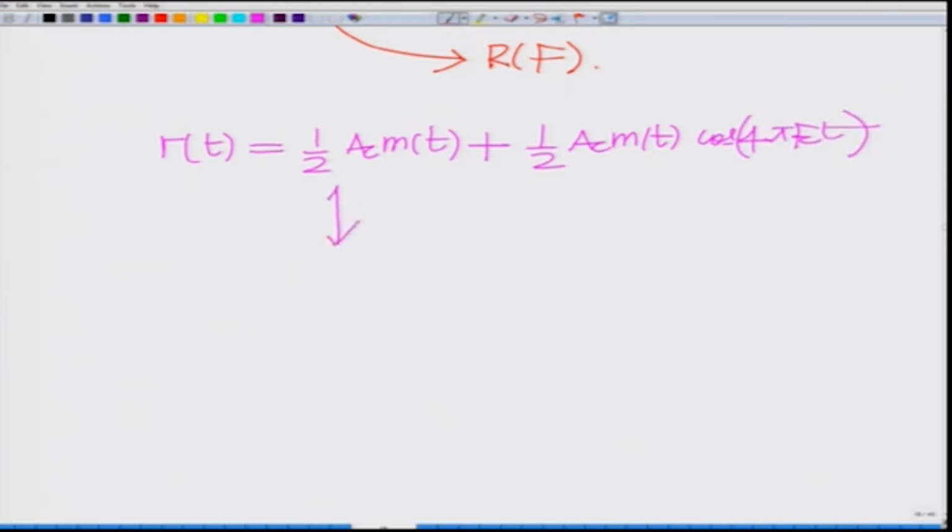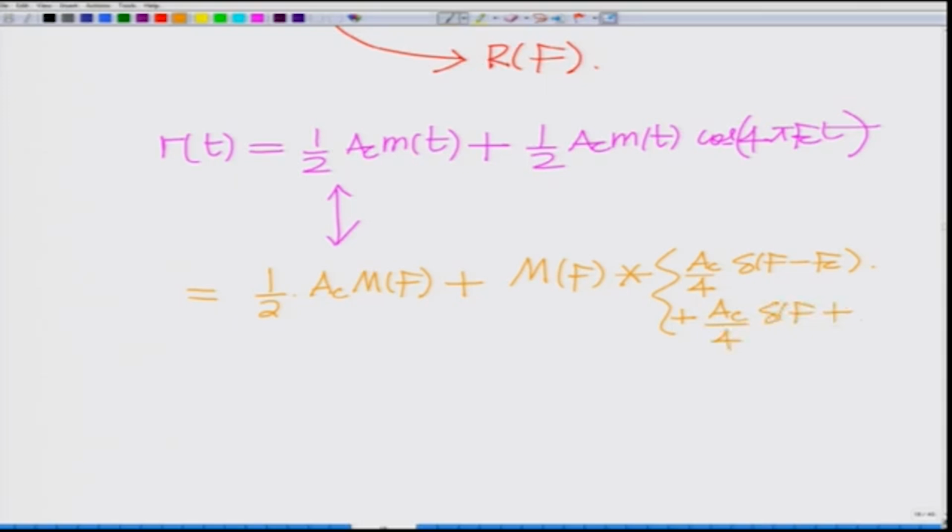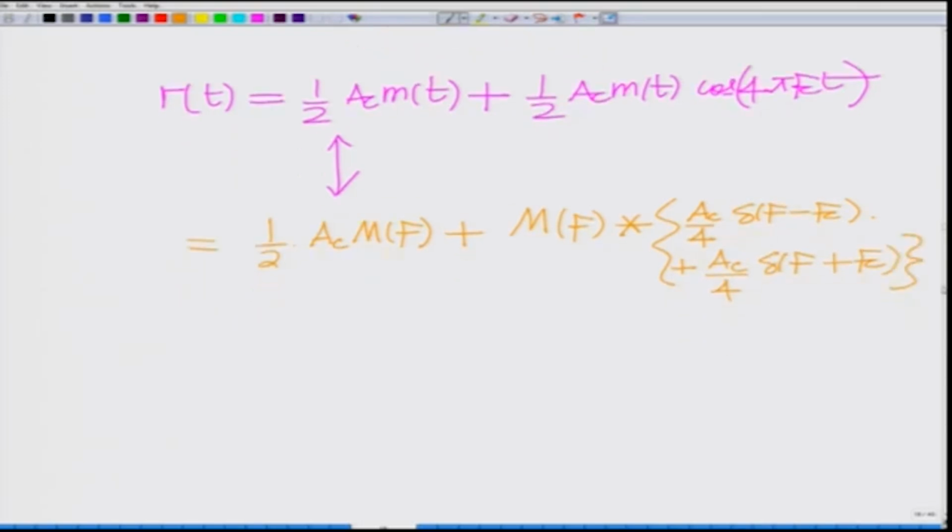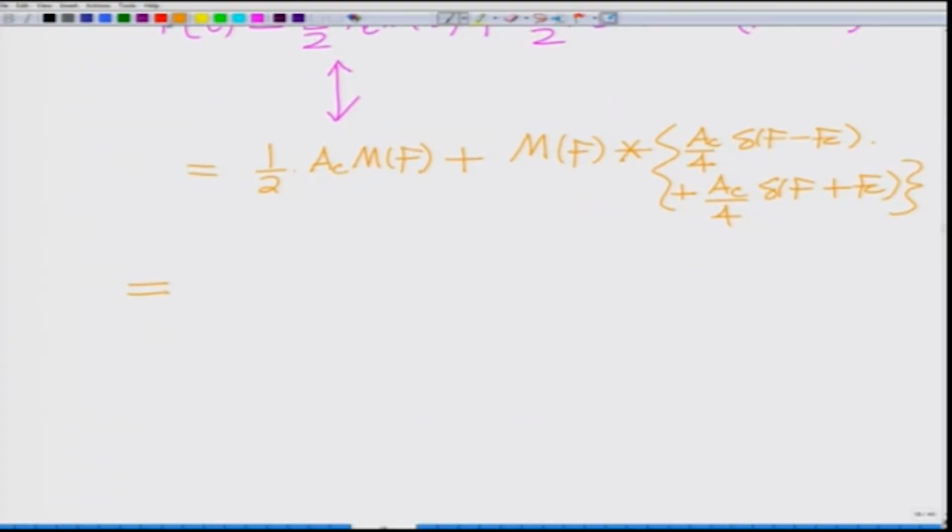The spectrum of half A c m t is half A c M f. Plus, I have M f convolved with the spectrum of A c over 2 cosine 4 pi f c t, which is A c over 4 delta f minus f c plus A c over 4 delta f plus f c.